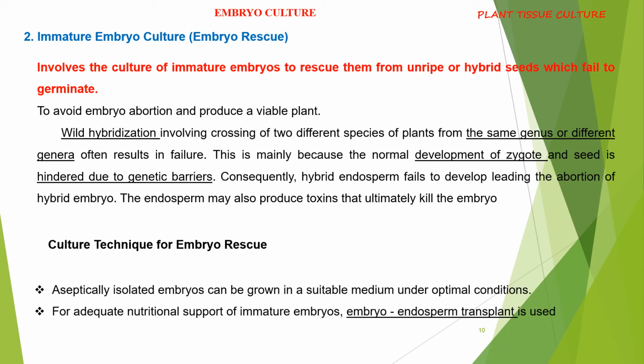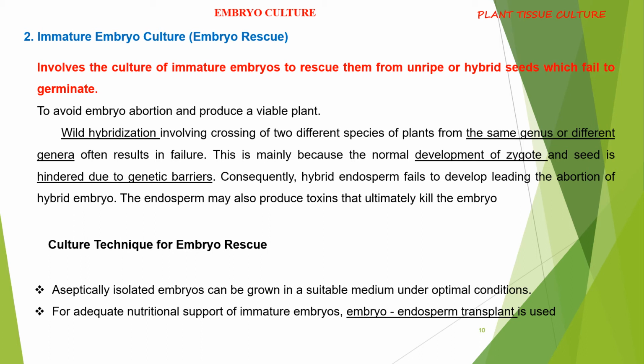Immature embryo culture or embryo rescue. This involves the culture of immature embryos on nutrient media under aseptic conditions to get healthy diploid plants. In many hybridization techniques, the embryos formed are often weak and fail to germinate.